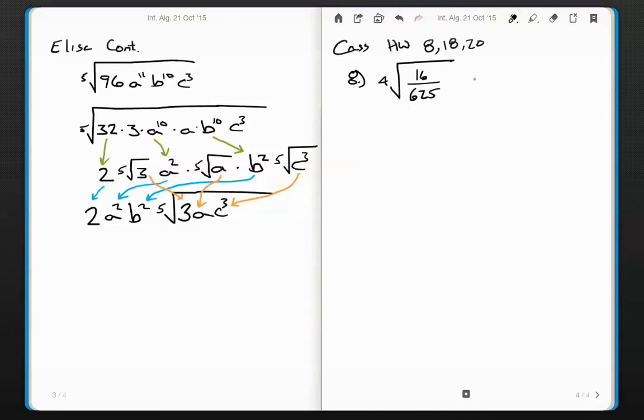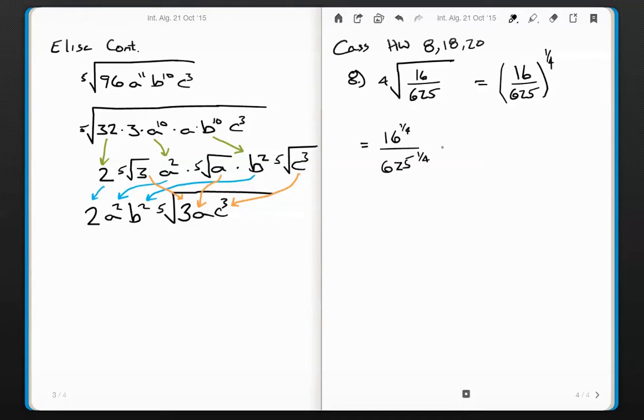Similarly as we did it with exponents, I'm going to write this as 16 over 625 to the 1/4 power. And so that will equal 16 to the 1/4 over 625 to the 1/4.